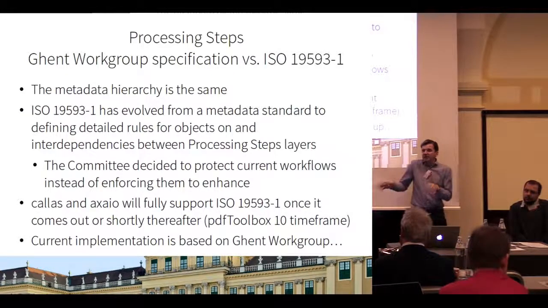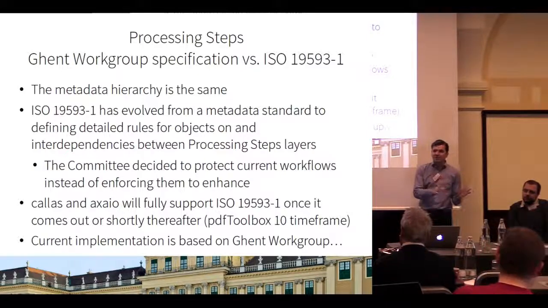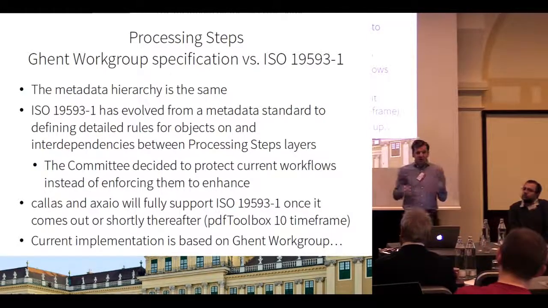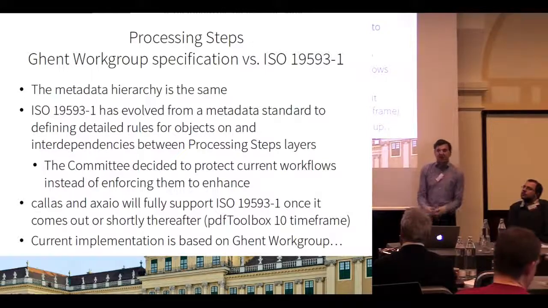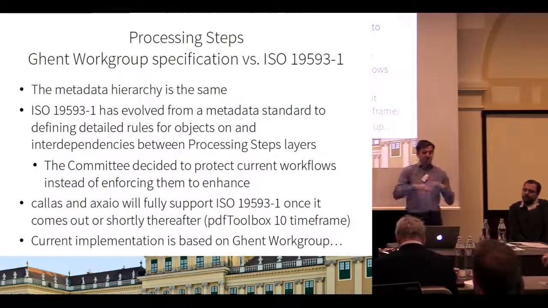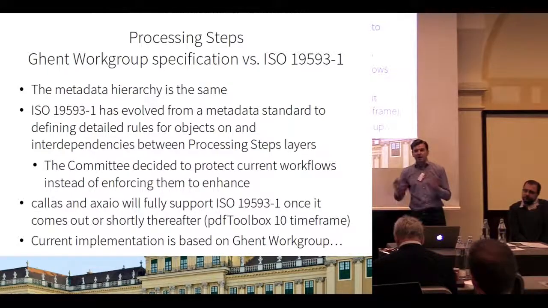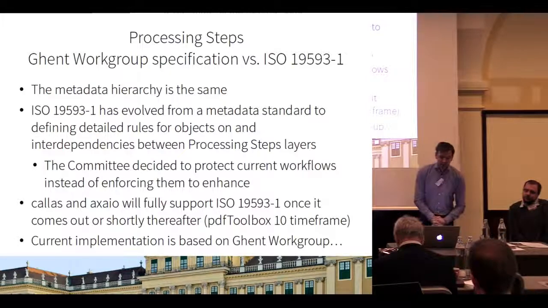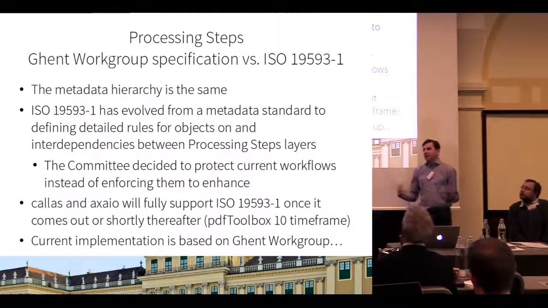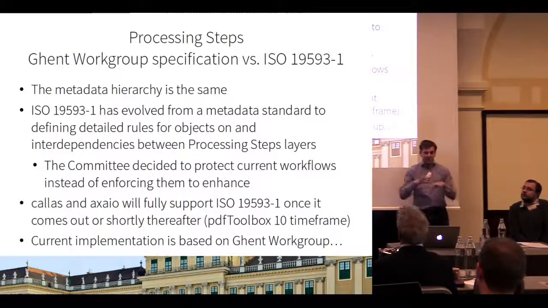But I would describe what has happened at ISO as the whole thing evolving from a merely metadata standard to something else, where major parts of the standards are all talking about how objects on processing steps layers interrelate with each other, and what kind of objects are allowed there.